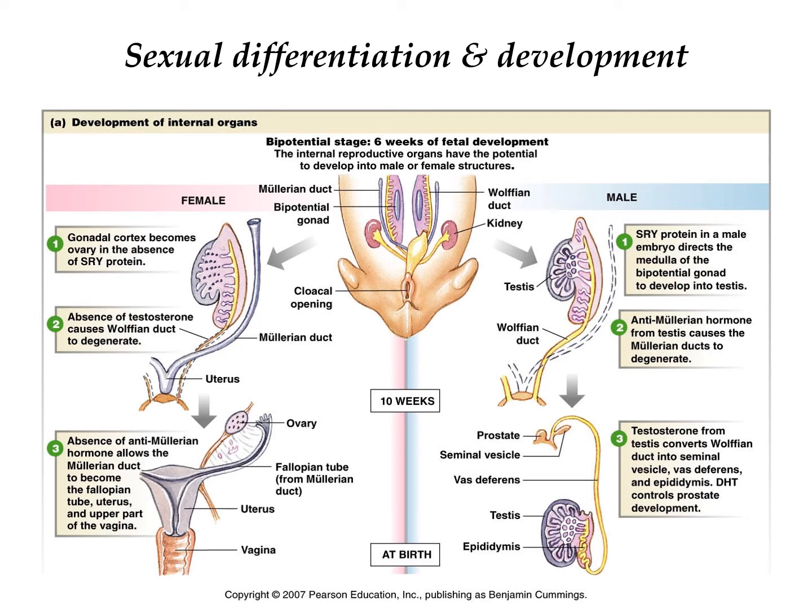Whereas in the case of a female, because the SRY gene is not switched on, the gonadal cortex becomes the ovary, the Wolffian duct degenerates, and the Mullerian duct becomes a fallopian tube, the uterus and the upper part of the vagina.